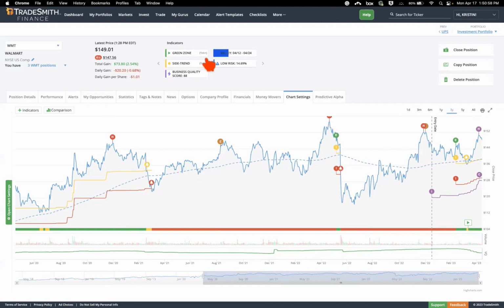All right, so again, this solid blue line is your price line, okay? And you can see the price line has a yellow and red line. These are our health indicators. So if you go along the price line, you can see that the yellow and red basically walk with the price line.